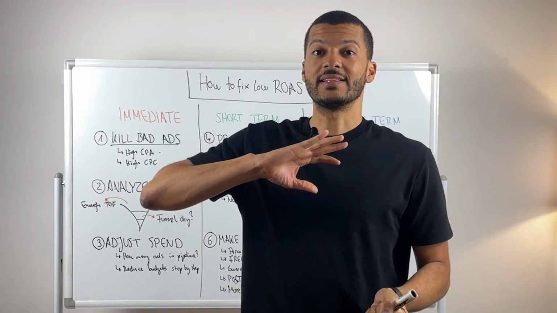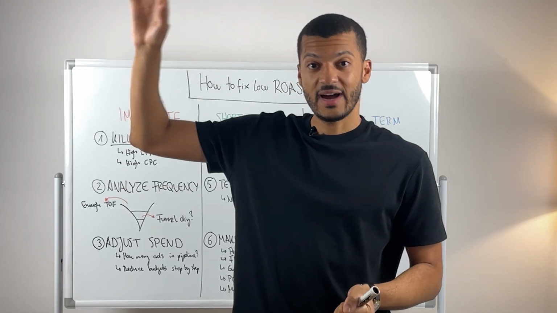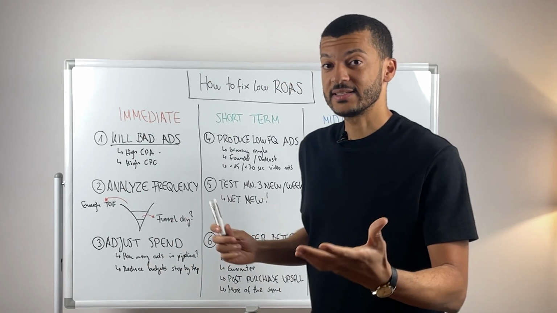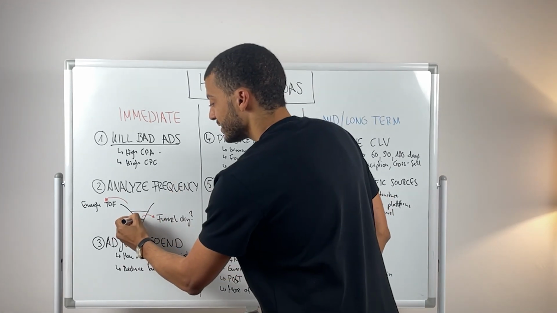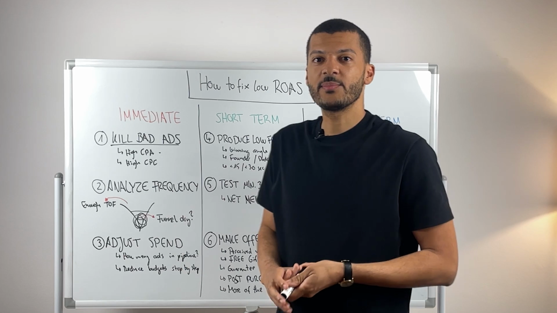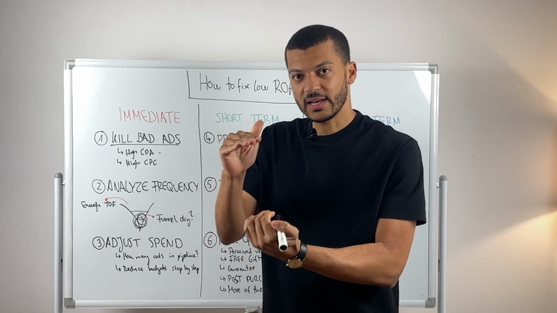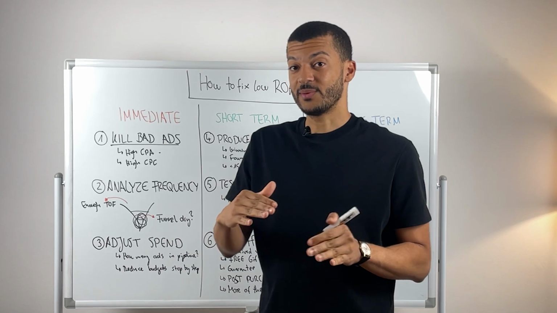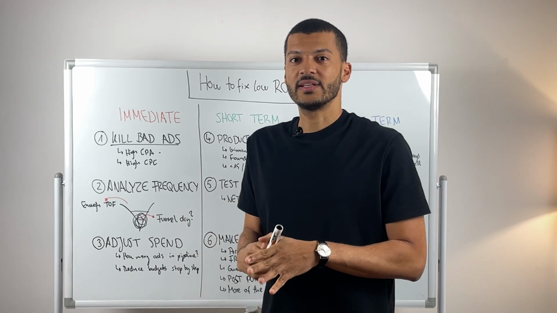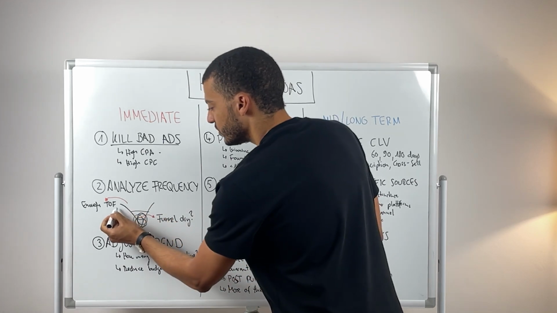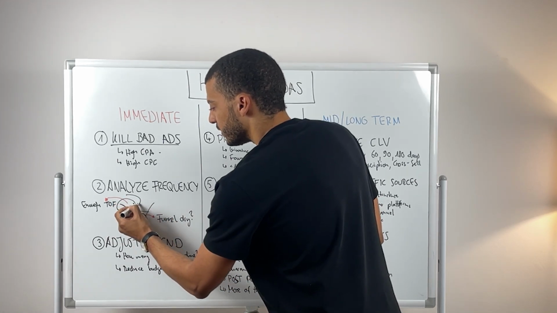If you're at 3, 4, 5, this is a very high frequency, meaning your ads just get shown to the same people over and over and over again. This might be working at a certain spend level, and might work for some time, but then at some point you're just drying out the funnel.